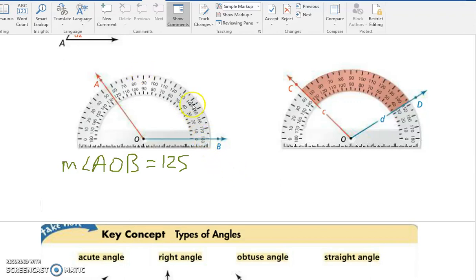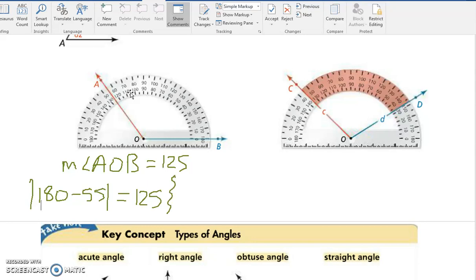If you notice on the top row, this is 180 here, and if I follow that angle, it ends at 55. So very similar to what we did with distances and lengths on segments, I could take those two numbers and go 180 minus the 55. I could even put it in absolute value if we want to make that connection. So that would also get me the 125.